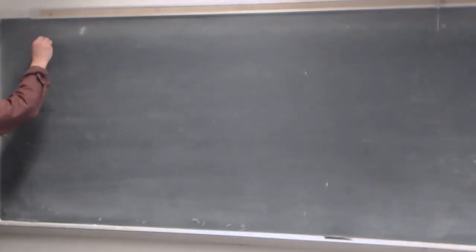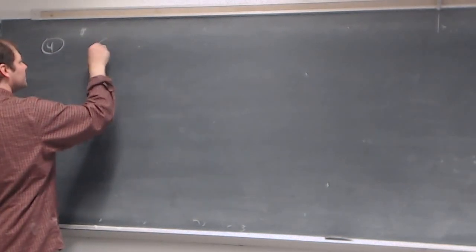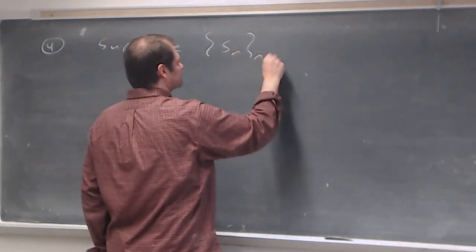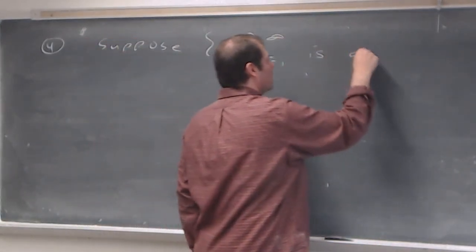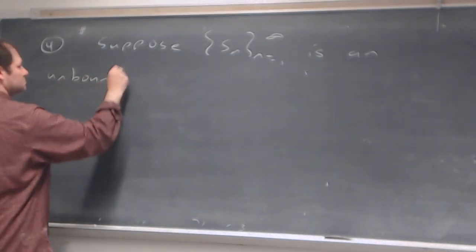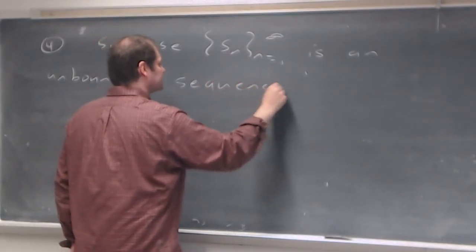Number 4 has to do with the one that had to be rewritten. It says, suppose S of n, they call them S of n's, is an unbounded sequence of positive numbers.